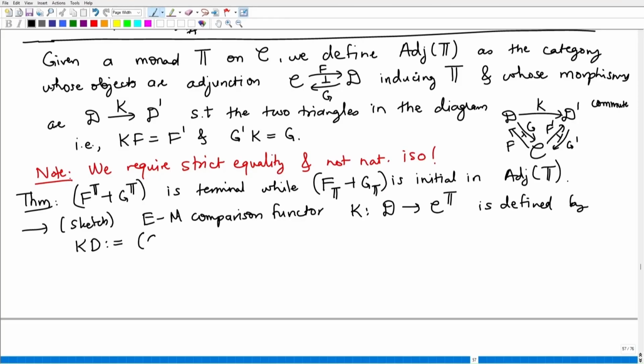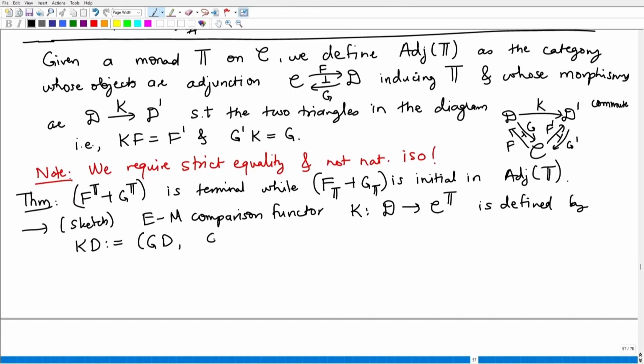And GD with what algebra structure? You only know one morphism for sure, that is the component of the natural transformation epsilon, the counit. So you know epsilon sub D, but of course that's a morphism in D itself.